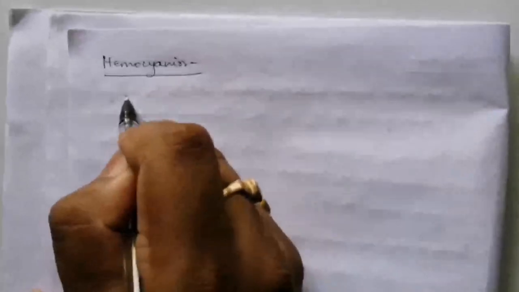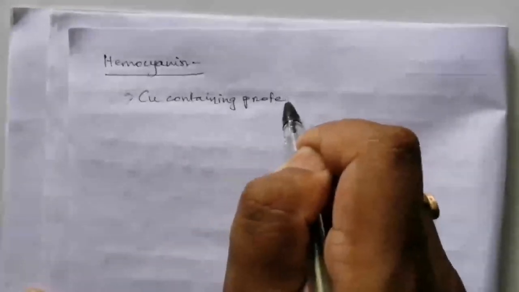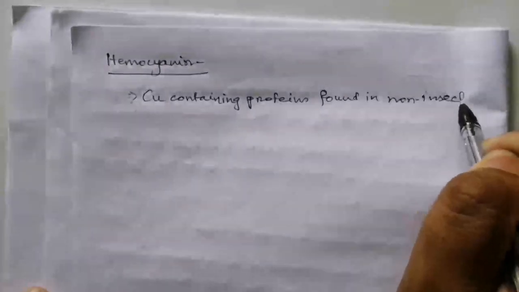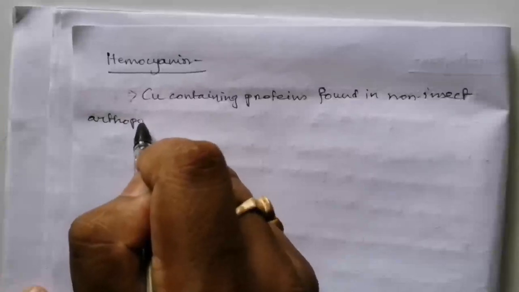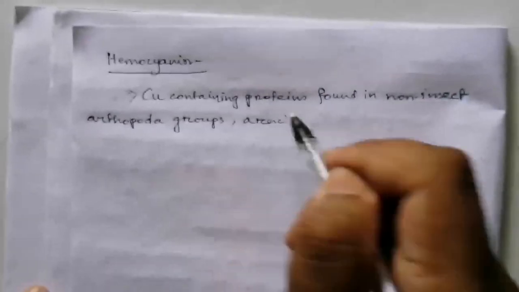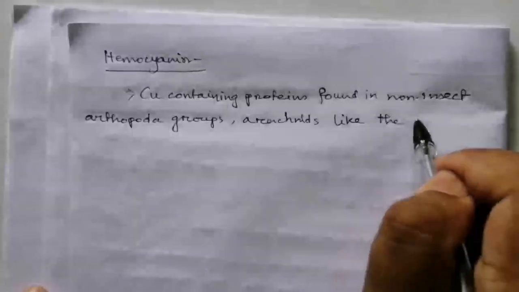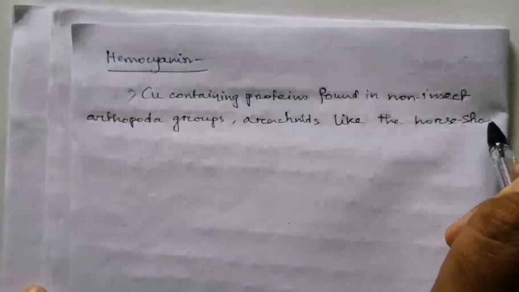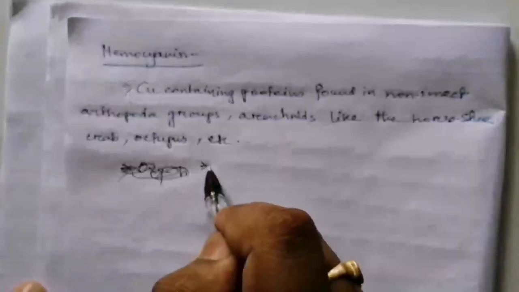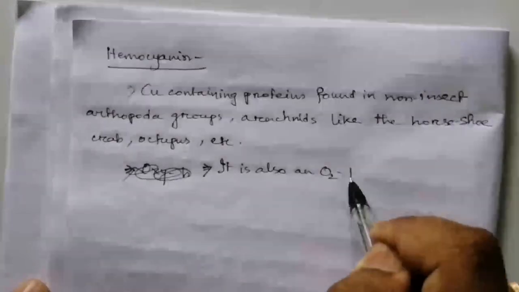So hemocyanins are a family of copper-containing proteins which are found in non-insect arthropodic groups, arachnids, like the horseshoe crab, octopus, etc. It is also an oxygen transport metalloprotein.